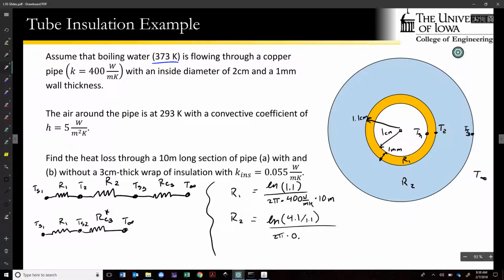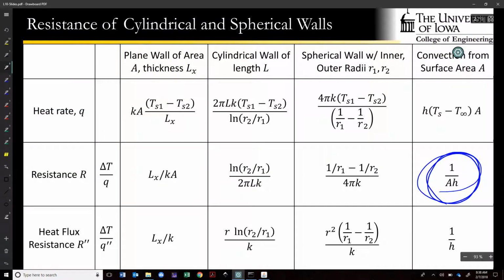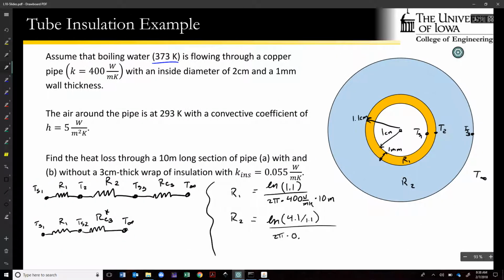What was the... 0.055 watts per meter Kelvin times 10 meters.